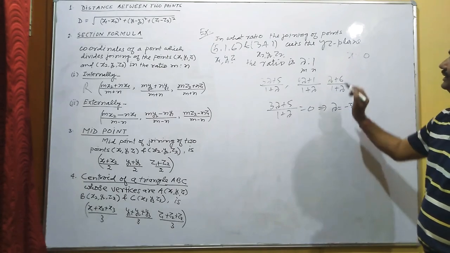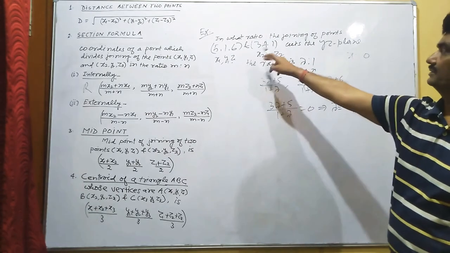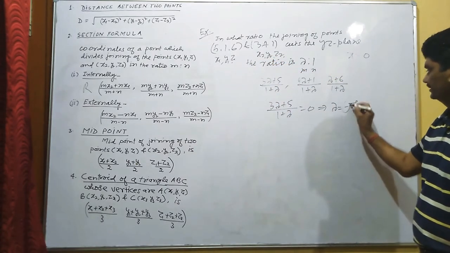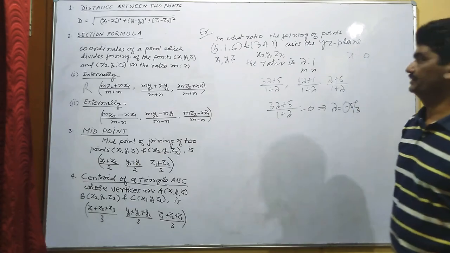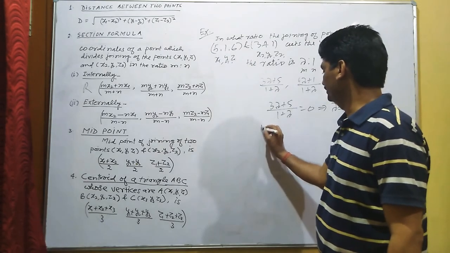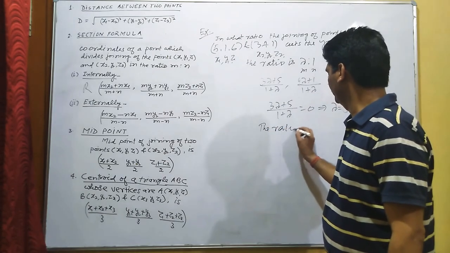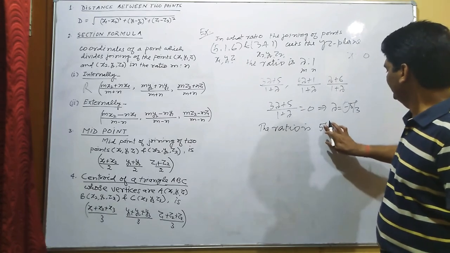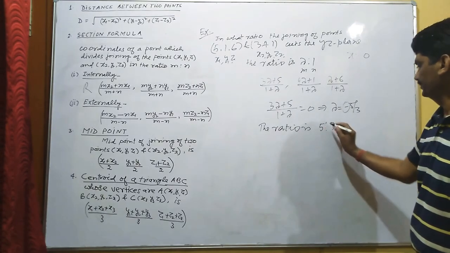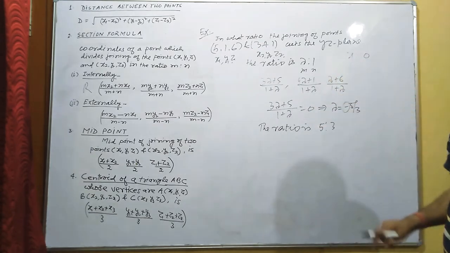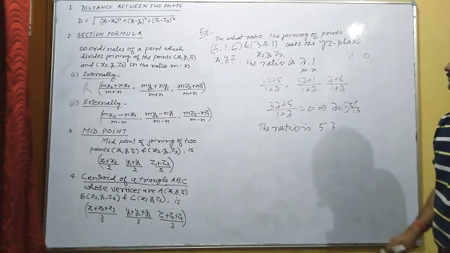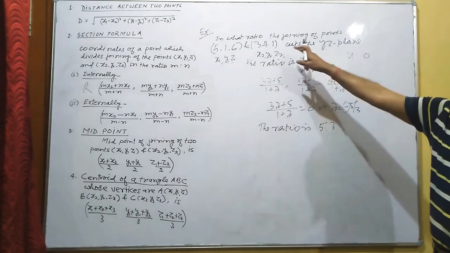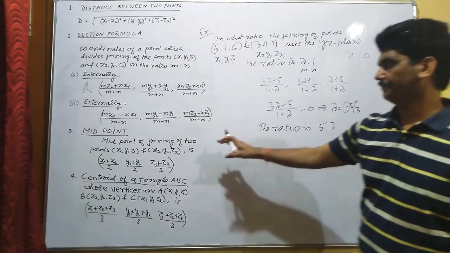It means the YZ plane cuts the joining of these points externally; the negative sign indicates external division. So the ratio is 5:3. In the previous problem lambda was positive, so internal division; here lambda is negative, so external division.